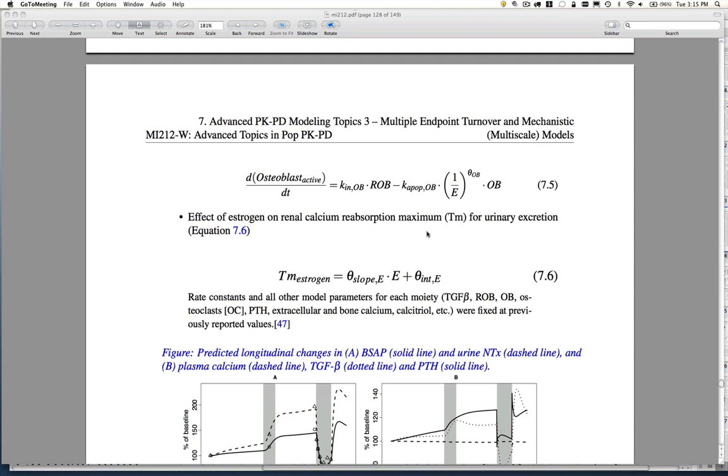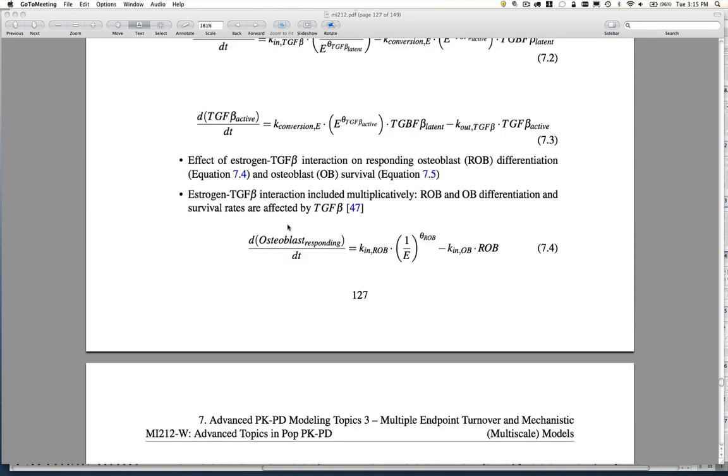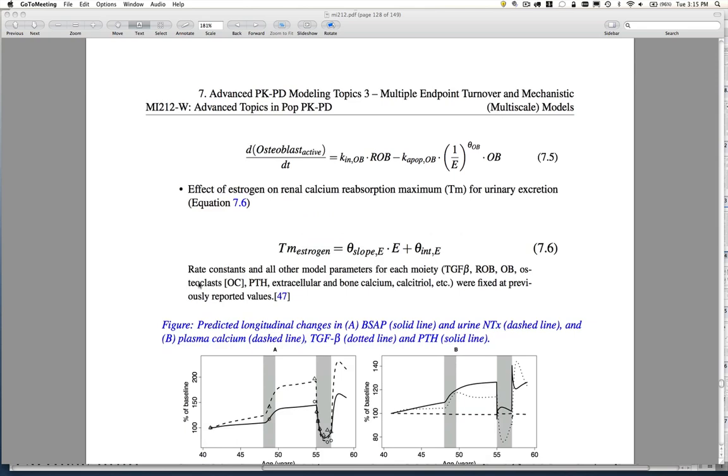I was hoping to put the model together sequentially, if you will, probing the effects on these different systems first, and then adding in the effect on reabsorption. It wasn't until I actually included this that I could get a model that would estimate the actual observed changes. And so again, that helps to show the importance of this effect.